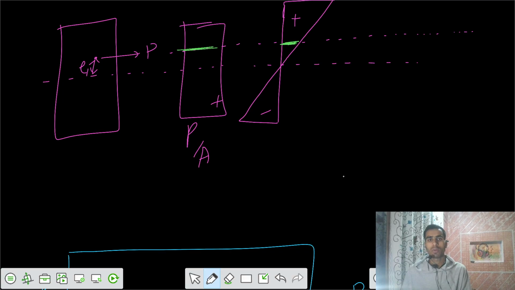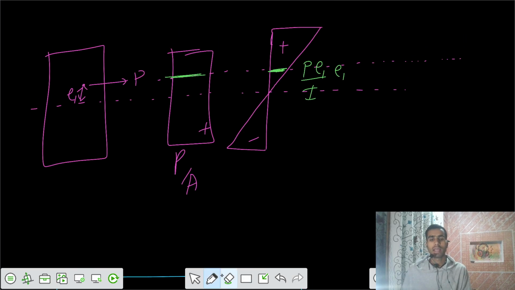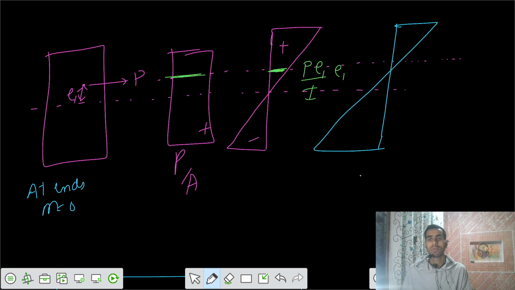So this value would be equal to P E1 by I into E1. So this is P E1 square by I. And the third stress is because of the moments. Actually the moment would be 0 because it's at the ends. At the ends, for a simply supported beam, moment is equal to 0. So this is M by I into E1, but the moment would be 0. M would be 0 at the ends.